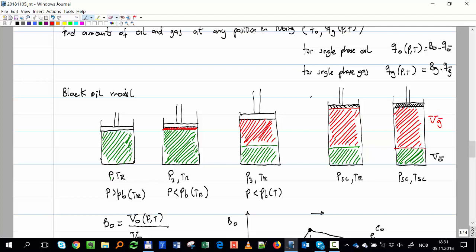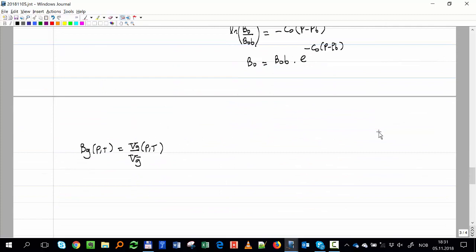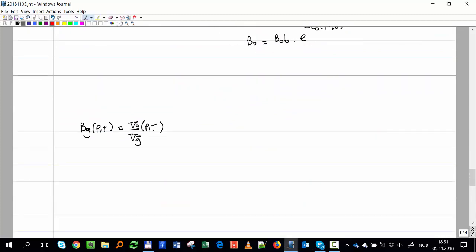Okay. Here the volume is increasing. Therefore, how is the behavior of Vg with pressure? We have already discussed that before. Vg versus pressure does something like that. Okay?